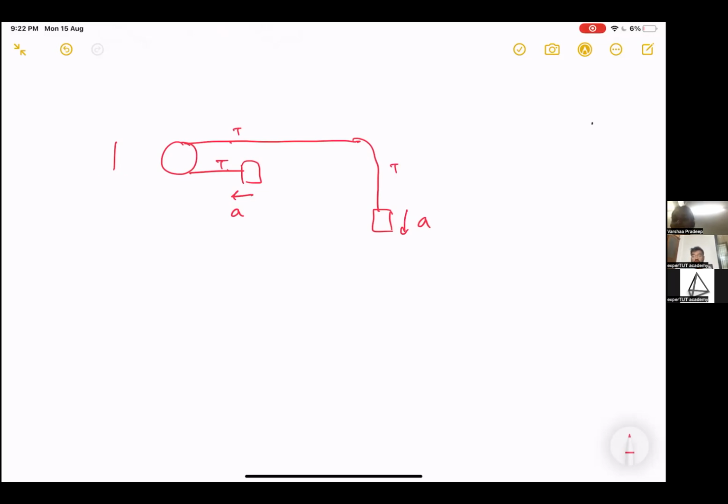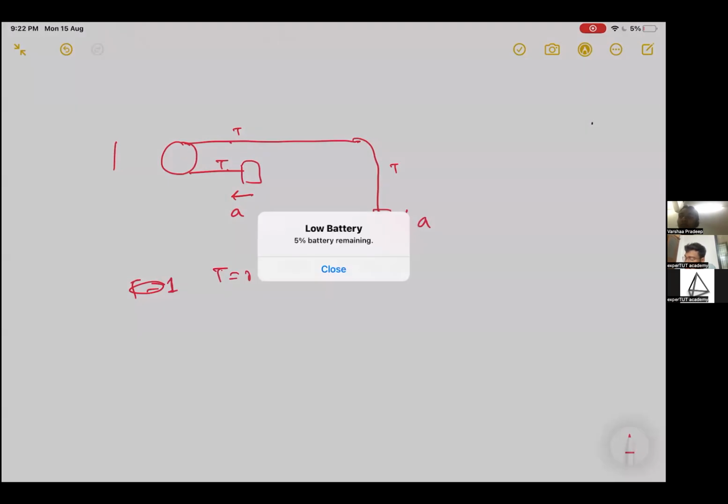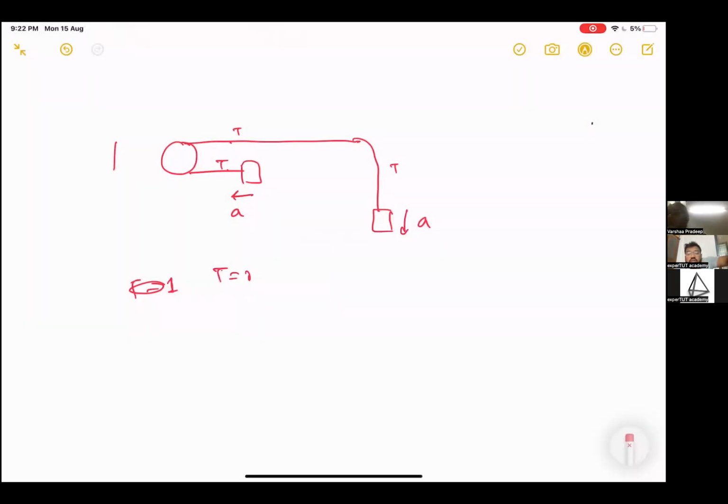For the first block, you'll write T is equal to 1A, right? If there is only one string, then it has same tension throughout, right?